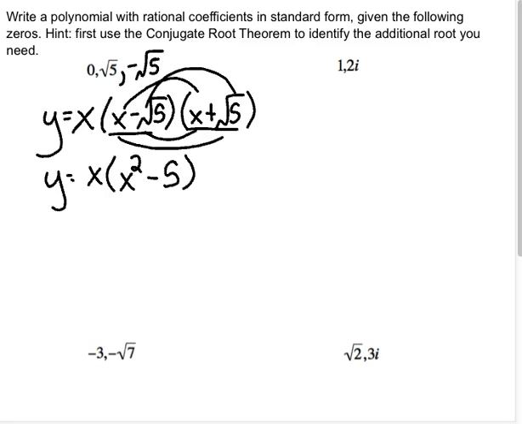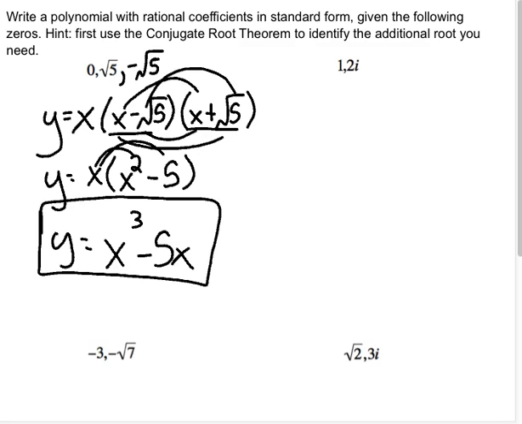Well, the square root of 25 is just 5. So don't overcomplicate this. Don't overthink it. All right? And now for this one, I can just distribute that. So I get x cubed minus 5x. That's going to be my standard form polynomial.